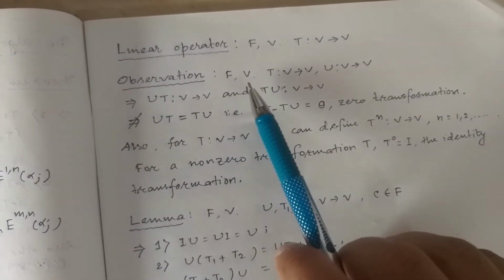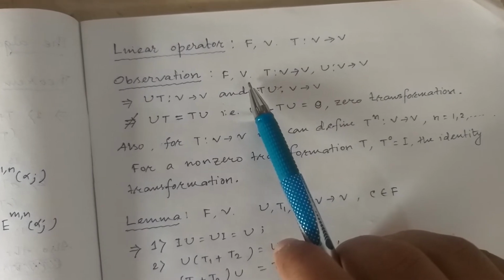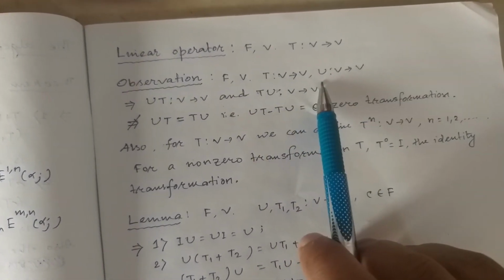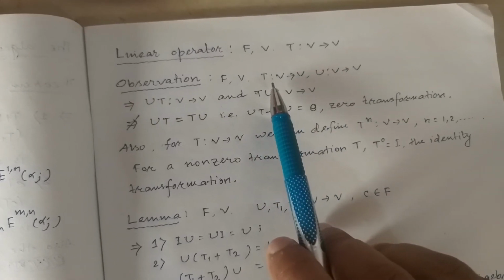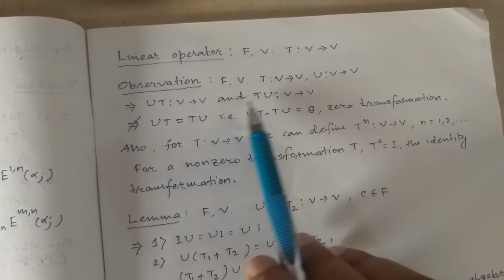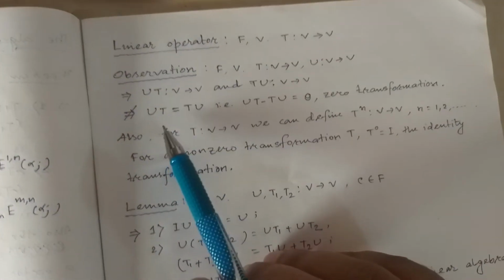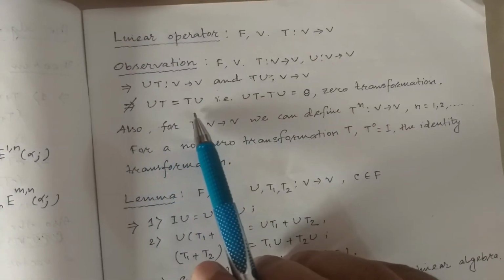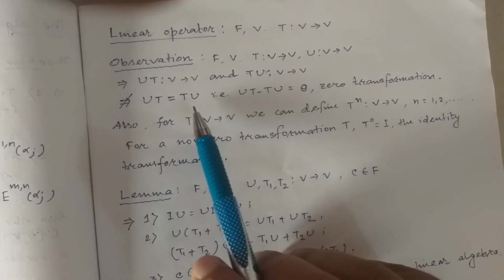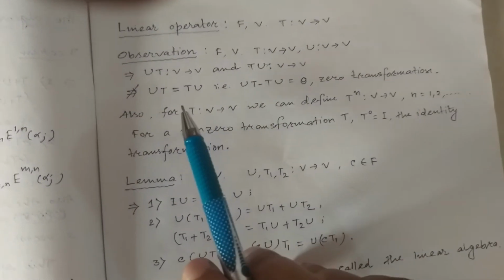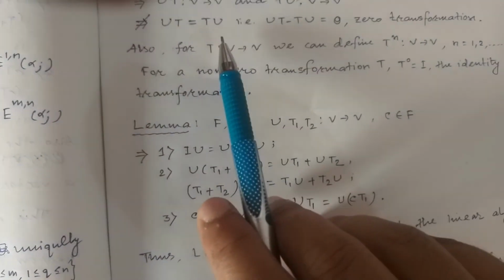Let F be a field, V be a vector space over the field F. T and U are two linear operators. In this case, TU and UT both are defined as in the previous theorem. But it does not imply UT equal to TU. Sometimes they may be equal, but in general they are not equal. They are not commutative.